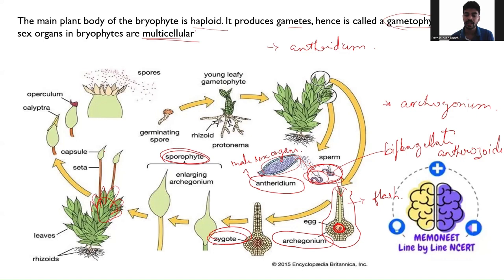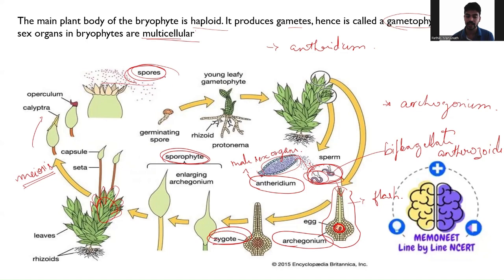Some cells of this sporophyte later on undergo the reduction division, that is meiosis, to produce haploid spores. Now what happens?